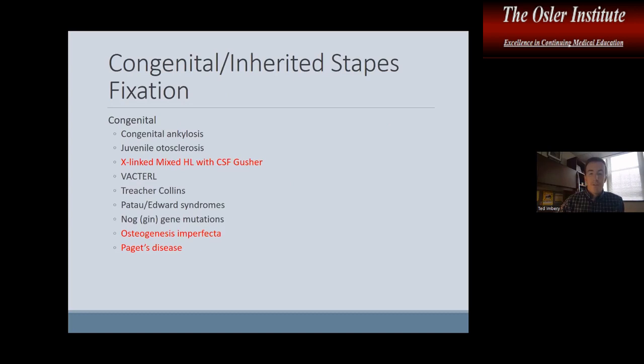So, some congenital and other inherited problems with the stapes. A lot that are up here on the slide, but some of the ones that we'll highlight are the X-linked CSF gusher, as well as osteogenesis imperfecta and Paget's disease.